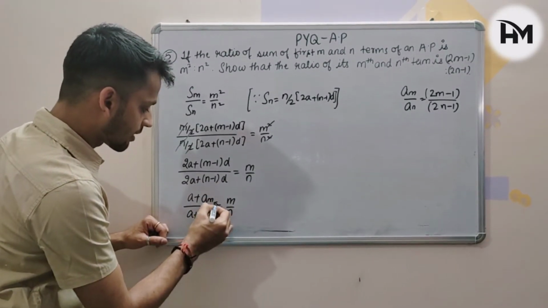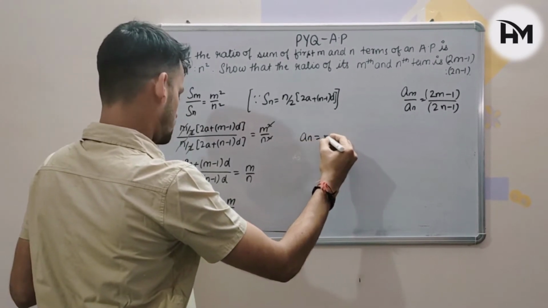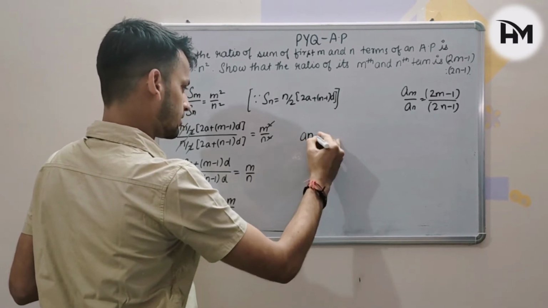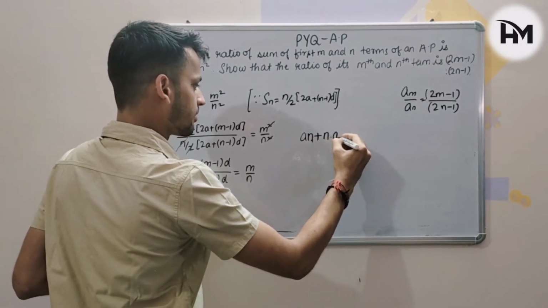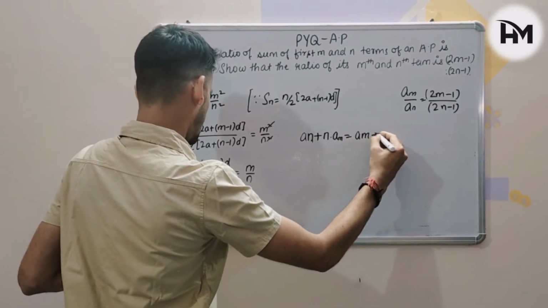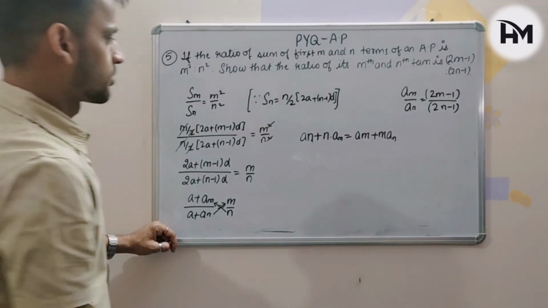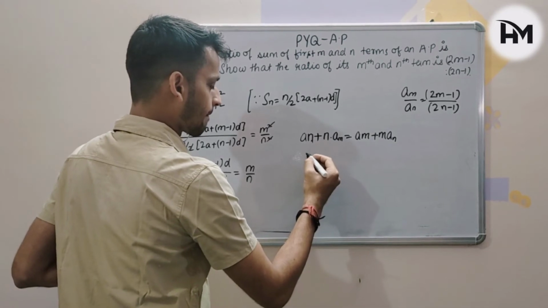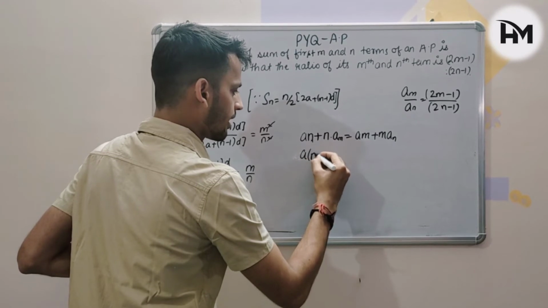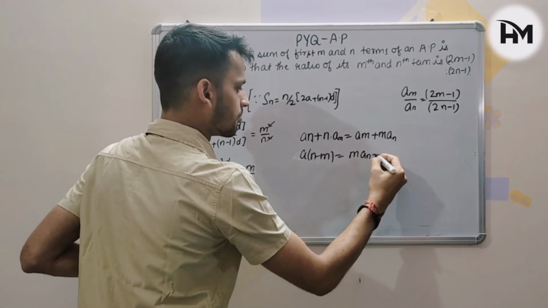So what will we do here? Cross multiply. On cross multiplying we get n times am equals m times an. So from here we get n am equals m an.